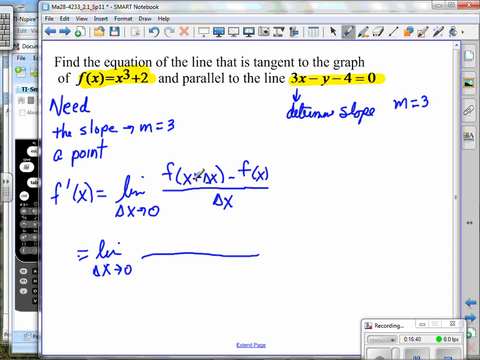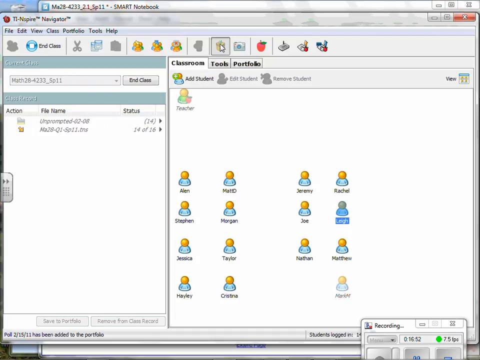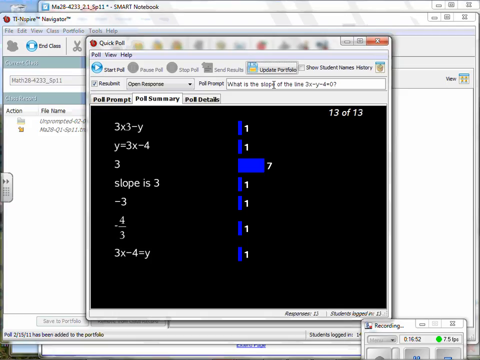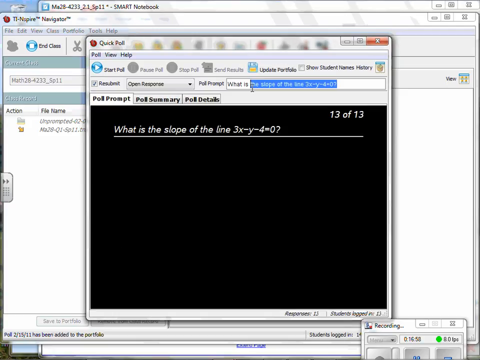In your Inspires, I'm going to send you another quick poll. I want you to type in only f of x plus delta x. I can't do the symbol here, so I'm going to have to type it out.